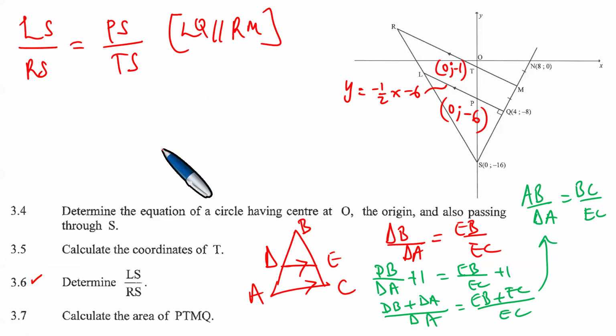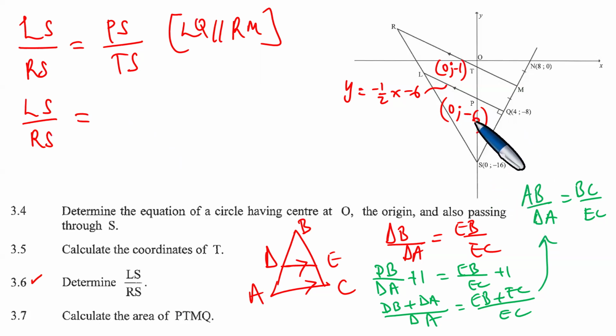So the proportionality theorem therefore says this. But now if you look at these, we have LS over RS, then we have PS. What is PS? We want the distance from P to S. If you want the distance, you need to subtract these numbers by saying the largest minus the smallest number.